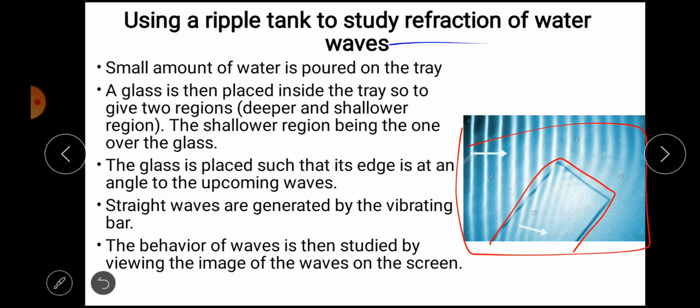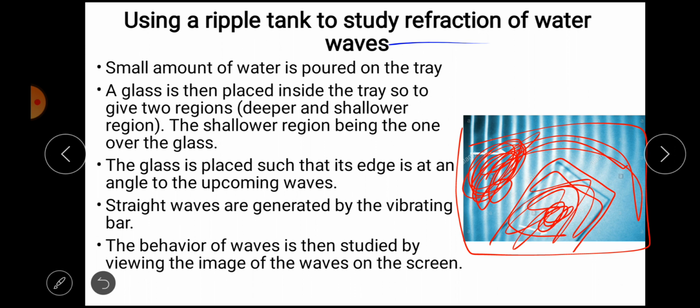When we put the glass, this region is going to be deeper than the region over the glass, because the glass increases the size of the base, so that the water above the glass is shallower than the water in the other region.